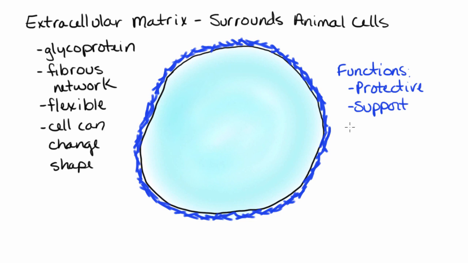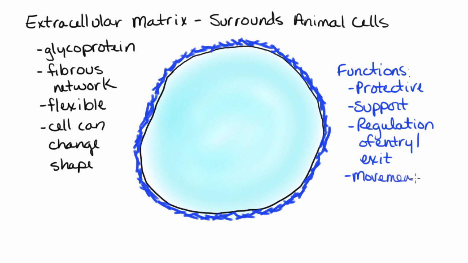It is going to function also in regulation of really entry and exit somewhat, because anything that enters the cytoplasm would have to pass through this before it ever gets to the plasma membrane. And then another thing that it's going to do is it's going to help with movement of the cells. Some of this has to do with the fact that it is going to help them to change shape. And again, the changing of shape is important for movement.